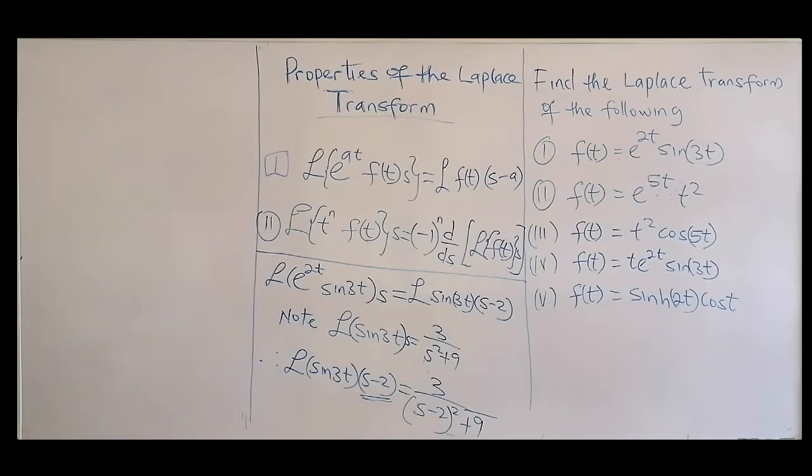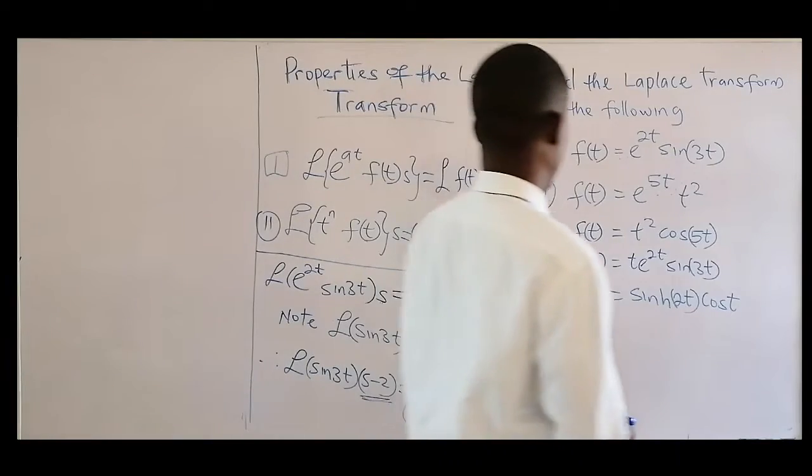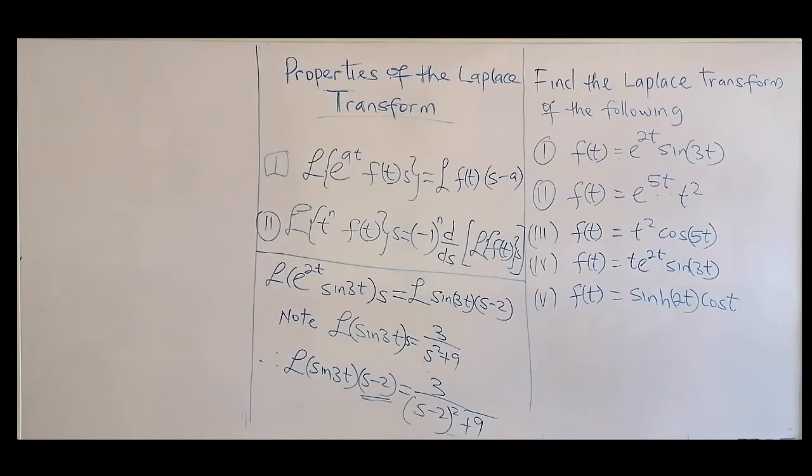Then number 2, we have Laplace of e^5t t squared. Number 2, we can solve it in 2 ways.